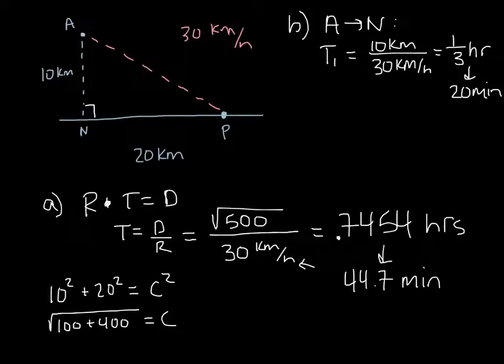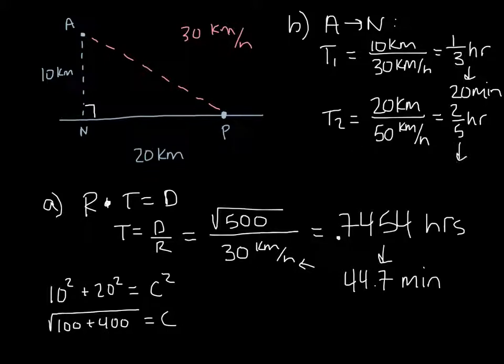Okay, and T2 is from N to P, so we're along the road. We know it's 20 kilometers, and our rate here is 50 kilometers an hour. So we can turn that into 2/5 of an hour, and in minutes that becomes 24 minutes.